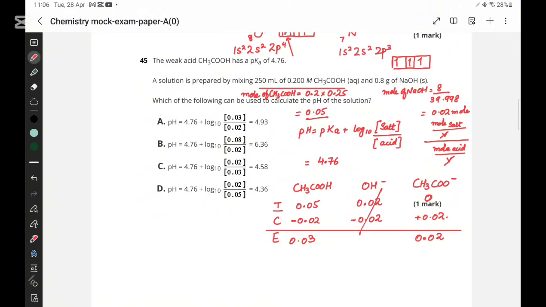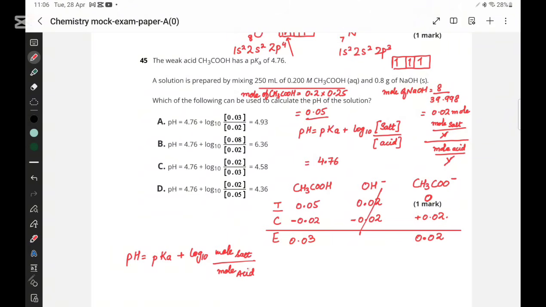So now applying pH is equal to pKa plus log of the concentration or moles of salt at the top, and at the bottom we have moles of acid.